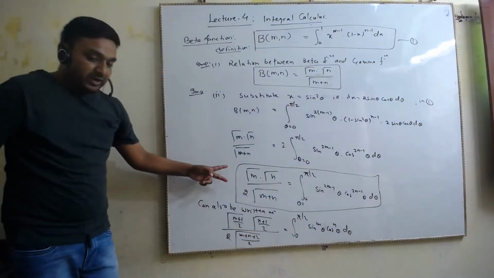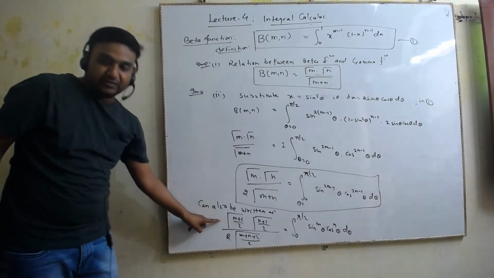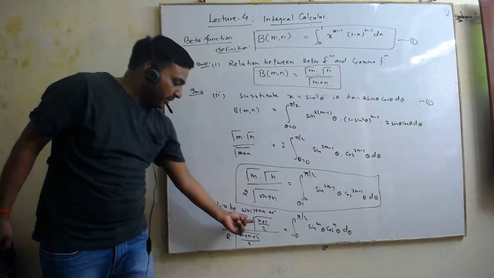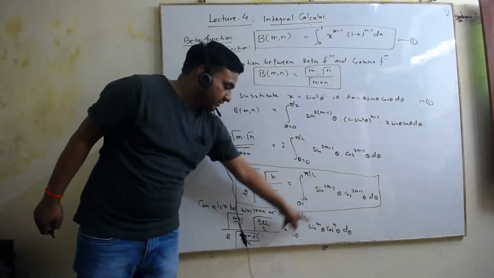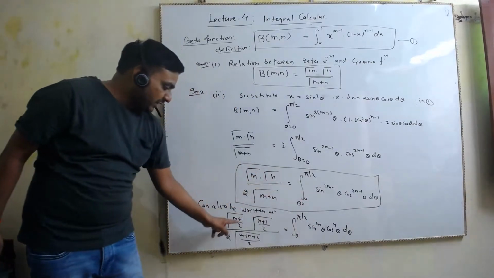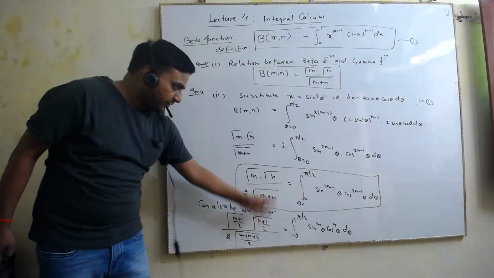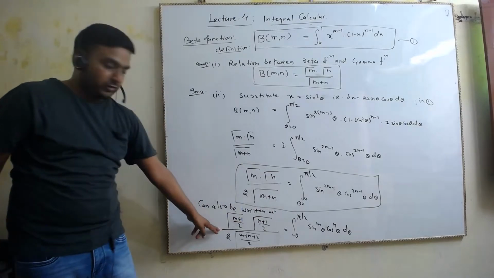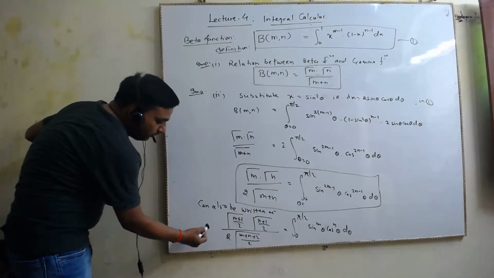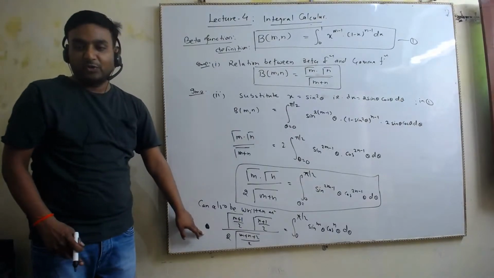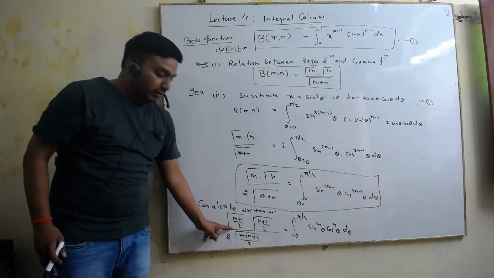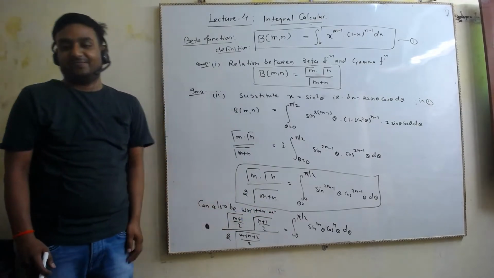So either you remember this formula or this formula. Here I have just managed m plus 1 by 2. If you put m in place of 2m minus 1, obviously this m will become m plus half, n plus half. So from here I got this formula. If you talk about me, I always remember this formula. So whenever you have integrations like this, you can get the integral value within seconds.